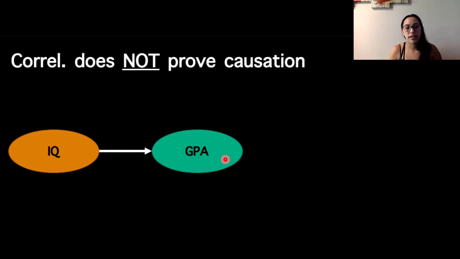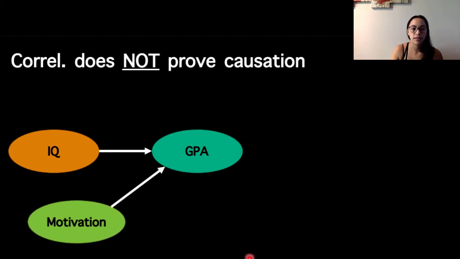However, there are other factors that could play a role in the outcome of GPA. Right? So GPA is, generally speaking, our dependent variable of interest, and IQ would be an example of an independent variable if you were distinguishing the two. Okay? But again, the relationship that I see with these two does not necessarily mean that having a high IQ causes a person to have a high GPA.